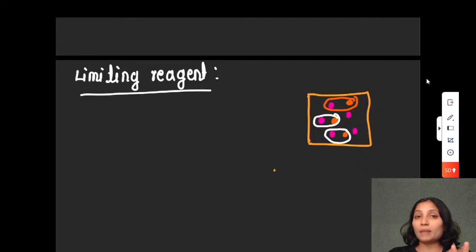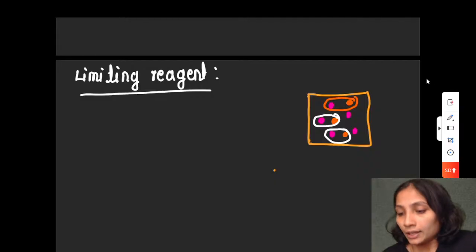So pair making is controlled by which colored balls now? Orange colored balls. Orange colored balls are present in less quantity than the required one, and they are limiting the group formation. In the same way, in case of chemical reactions also.